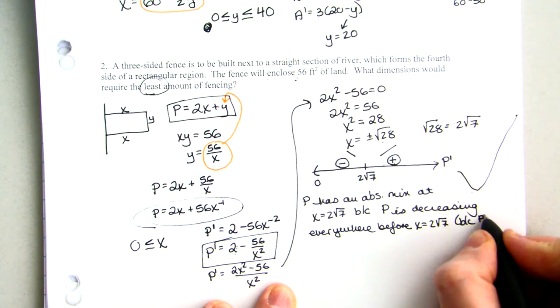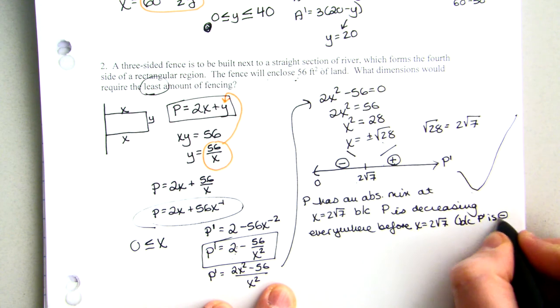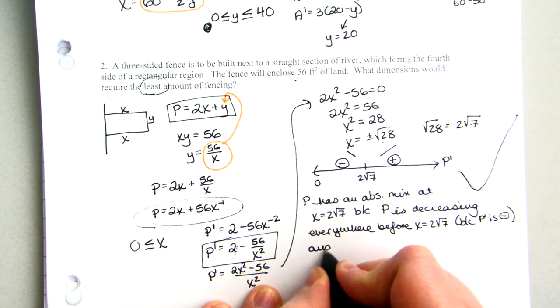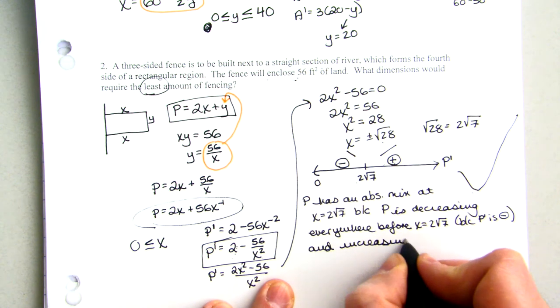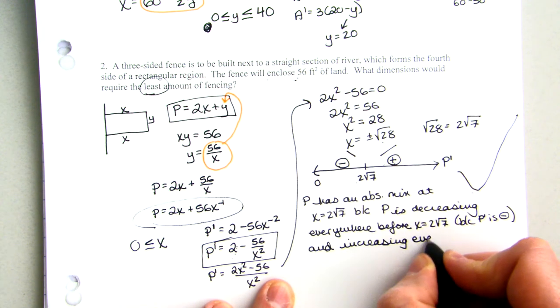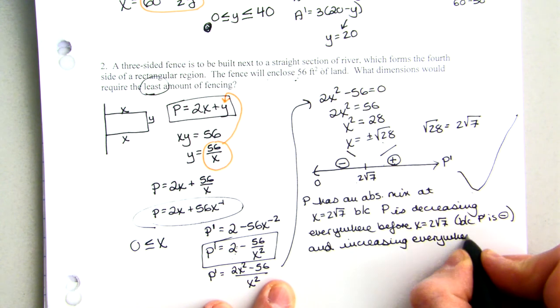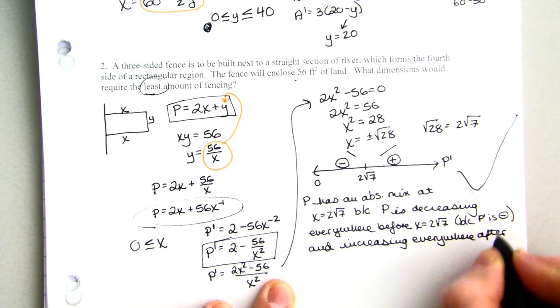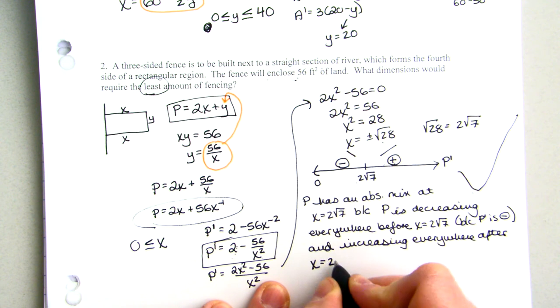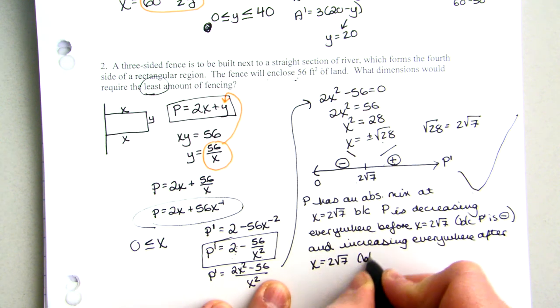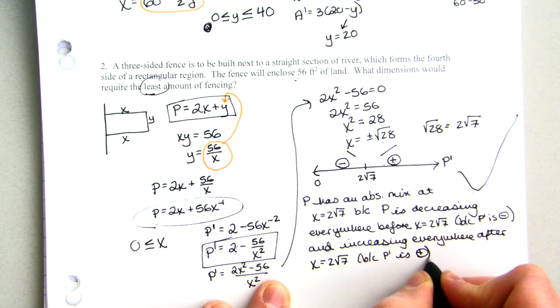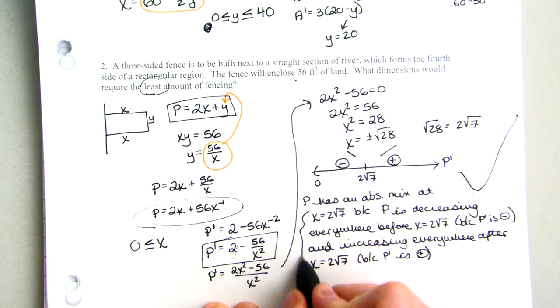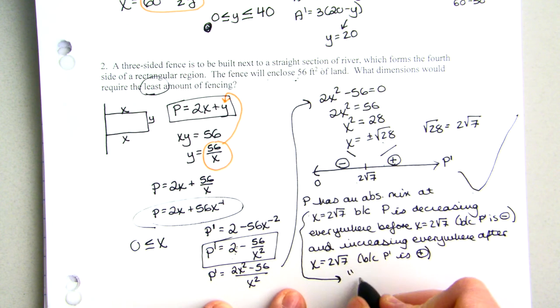Because P prime is negative and increasing everywhere after x equals 2 root 7. Because P prime is positive. And again, what I just wrote out over here is called our global justification.